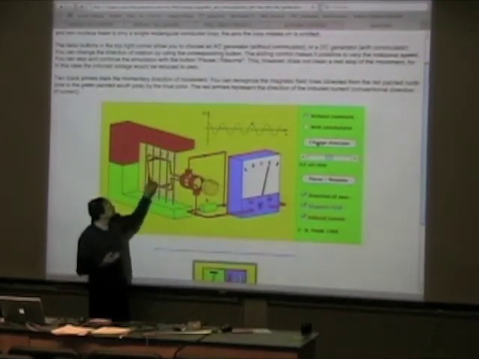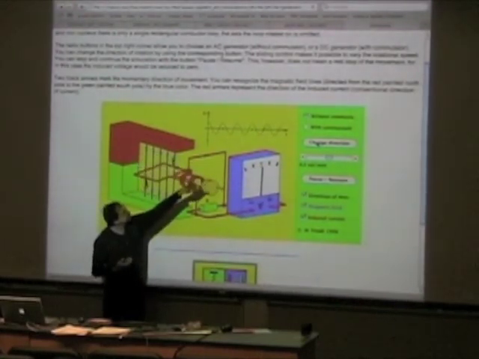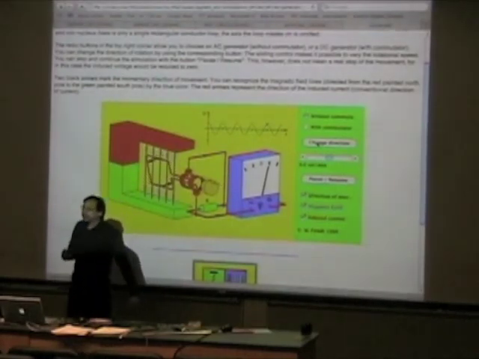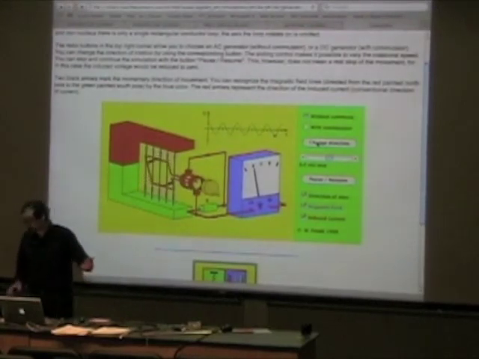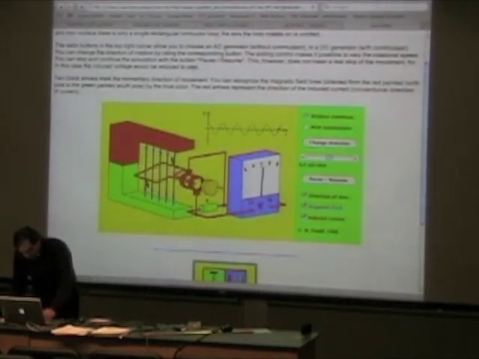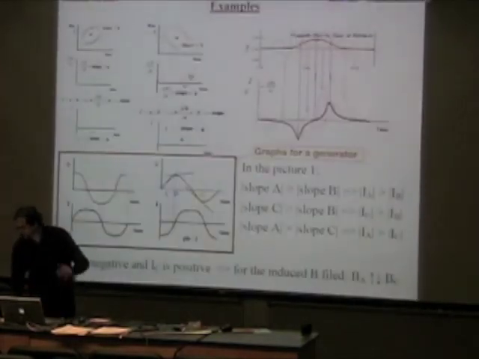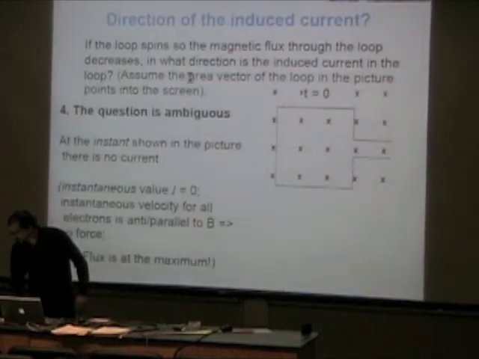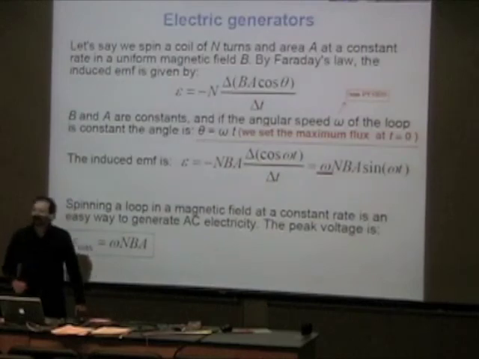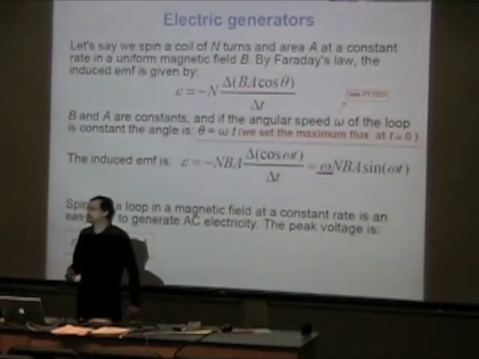And the current generated by a rotating loop or a coil always changes over time. So we call it alternating current or AC. A battery generates direct current or DC, which is constant with time. And all we need to know now is one more expression, which tells us how to calculate the maximum EMF or the maximum current induced by a generator.